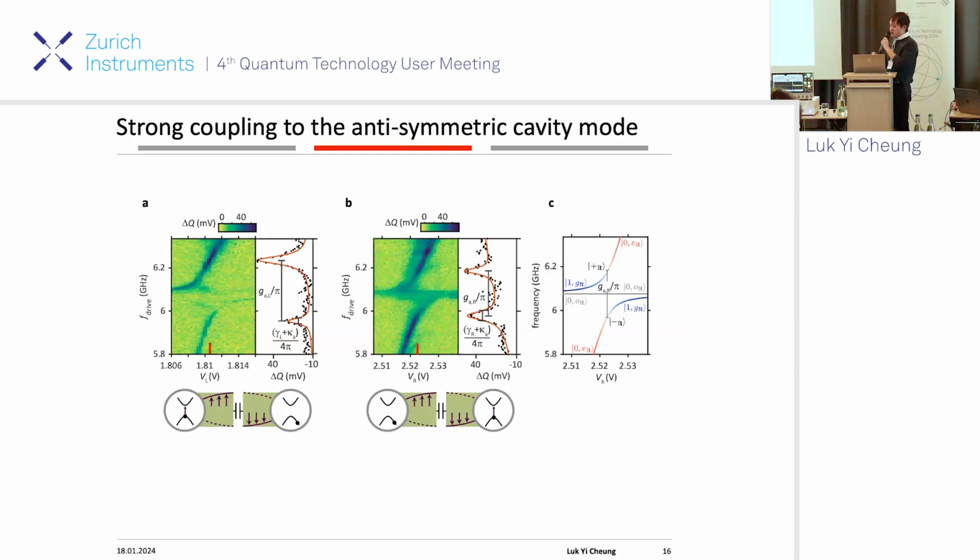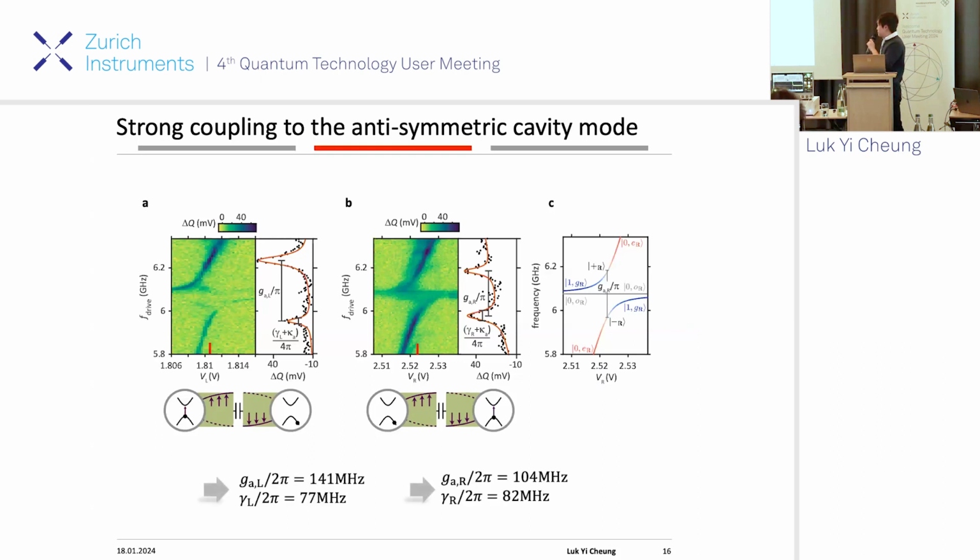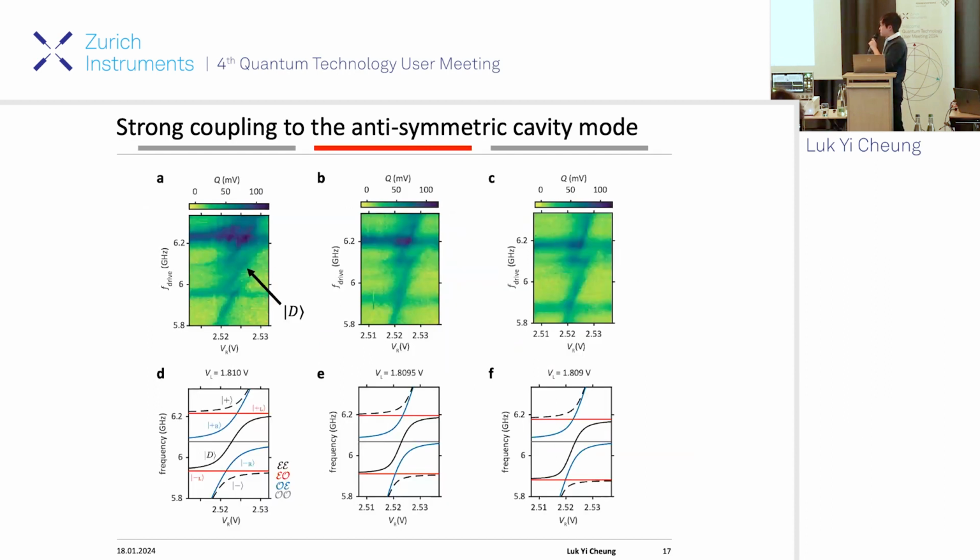Now that we know individually each qubit is coupled to a cavity, we want to bring them all on resonance. From this measurement, you also extract the coupling rates and also the qubit decay rate. So we are confident that we can move on with our experiments. And this is one of the final slides I want to show.